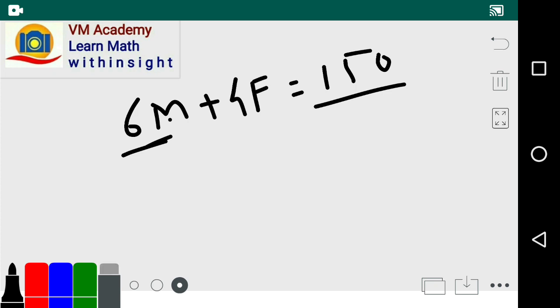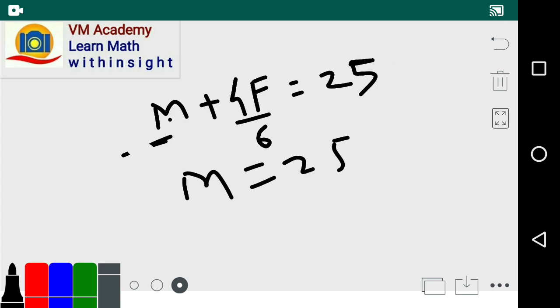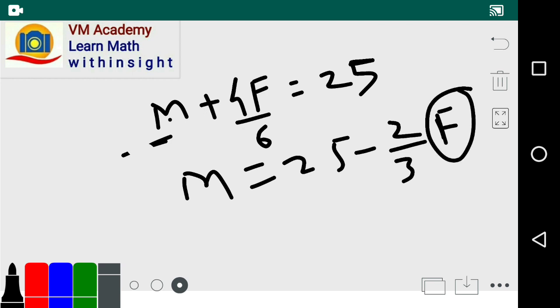So this becomes 6 by 6, this becomes divided by 6, and this we also divide by 6, so this becomes 25. That means m becomes, friends, 25 minus 2/3 of f. Now if f is a multiple of 3, friends, then this becomes an integer, and so integer minus integer becomes an integer.